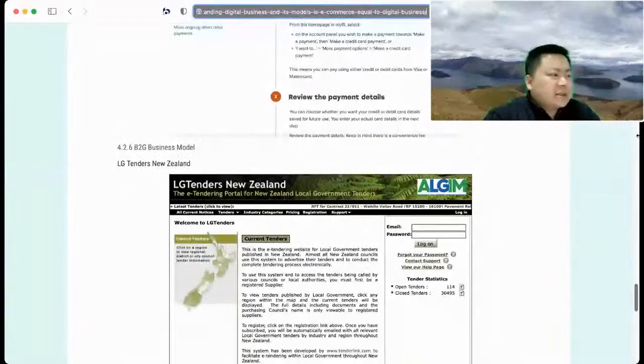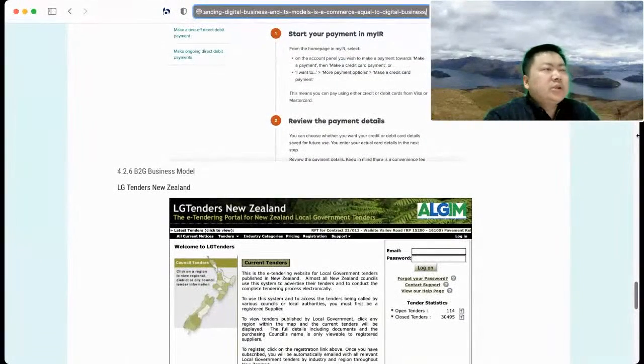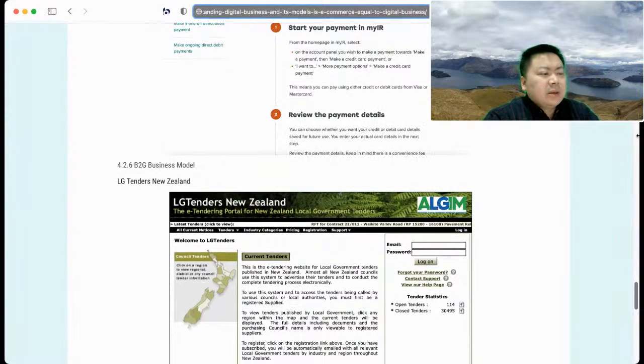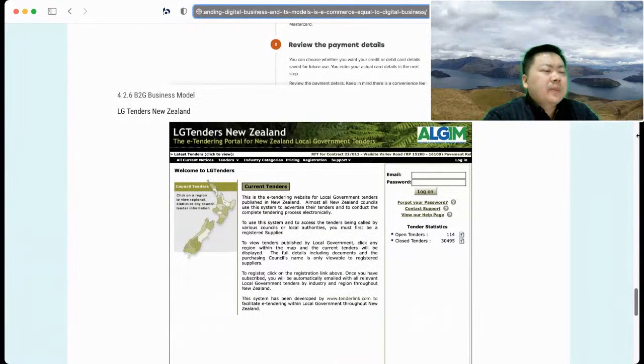The sixth type is B2G, business to government, where businesses provide their services to government. A lot of local councils and government bodies have tenders websites where the council publishes their projects and companies can bid on these projects.